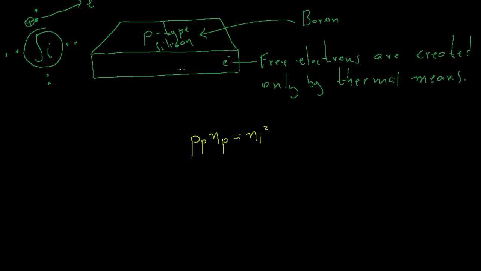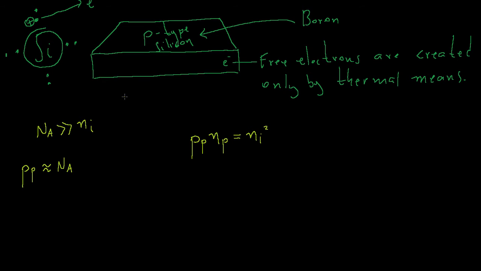Now if we dope this semiconductor such that the concentration of acceptor atoms is much larger than Ni, which is the concentration of intrinsic carriers, if this is the case, then of course the concentration of holes, which is P sub P, is going to be just about Na, because the number of holes created by thermal means is going to be much less than the number of boron atoms that you have added to the silicon.